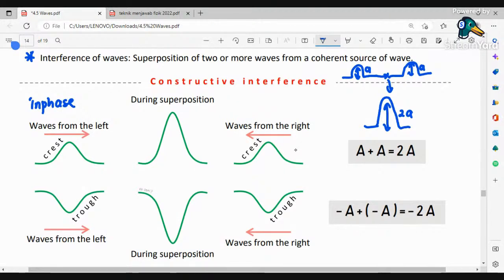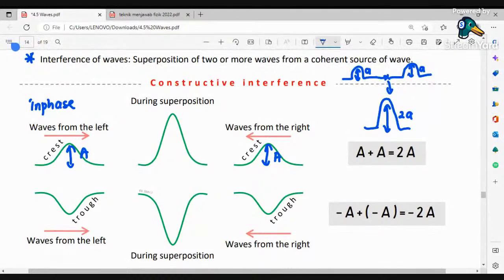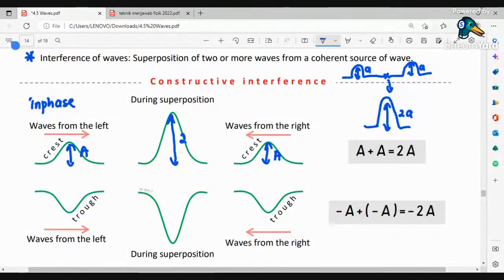So the resultant amplitude of wave, let's say this one amplitude is A, coming here is A, thus the resultant amplitude will be A plus A equals 2A. So this one, 2A, the amplitude. Or we have trough meets trough. The amplitude here also A, the amplitude here A. So combination or superposition will produce an amplitude which is greater.